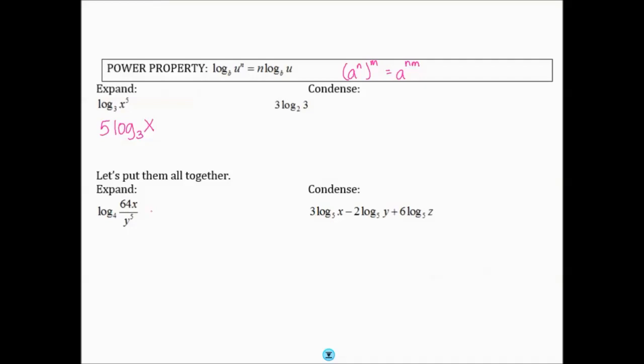I would bring the number that's out front up to be the exponent. So I would have log base 2 of 3 cubed. And 3 cubed is 27, so I can write this as log base 2 of 27.